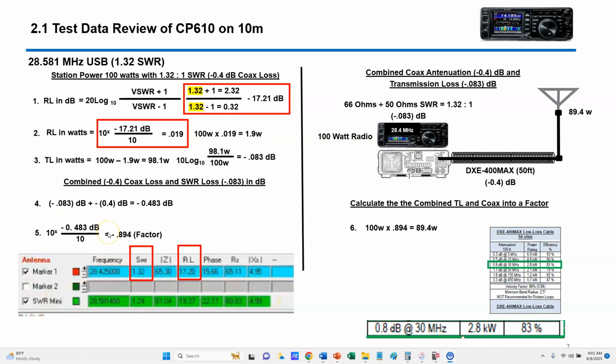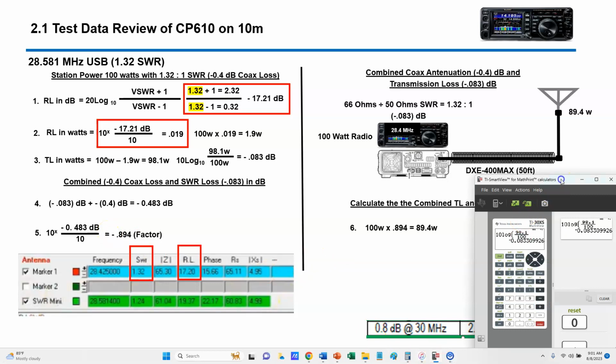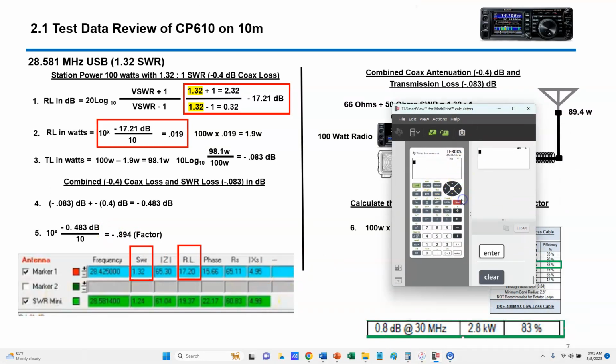So now I have to go back and get that factor again. Let's do that. To get the factor, clear the calculator, second log, type in numerator, denominator, negative 0.483 over 10. That gives us a factor of 0.894.